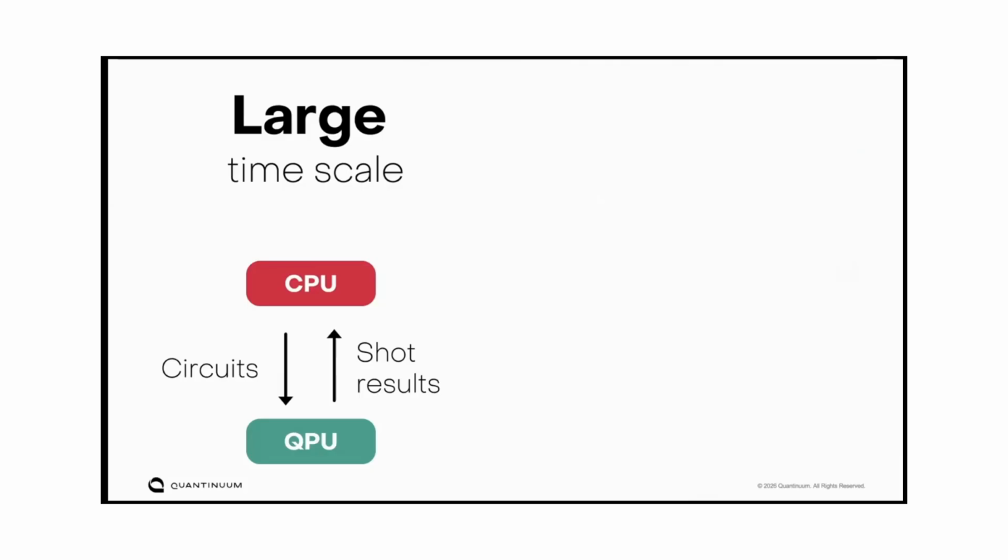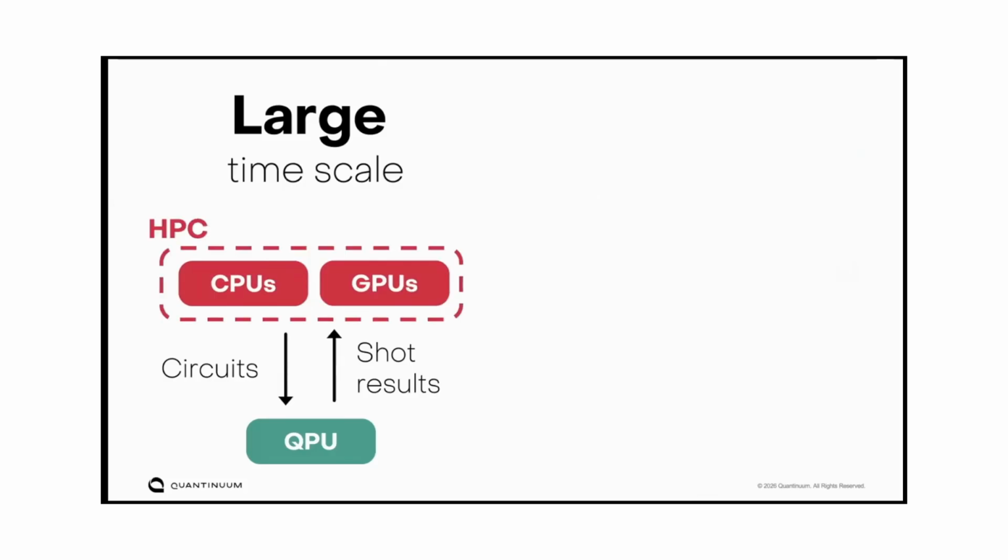And then your classical computer can decide what to do next, maybe make a new circuit, submit it again, rinse and repeat. And maybe you don't just have a single CPU, but a whole HPC cluster with CPUs, GPUs, whatever, all distributed. Maybe you even have multiple QPUs that are networked.